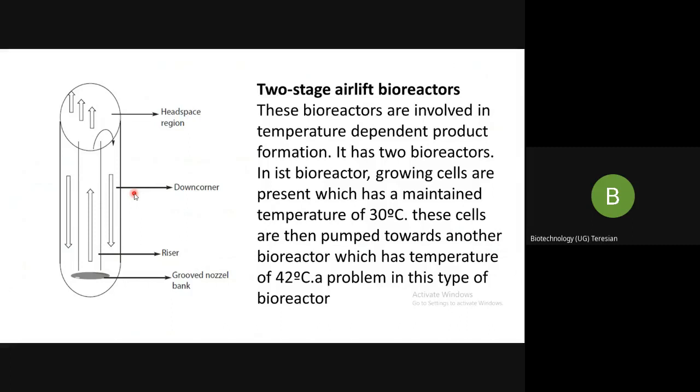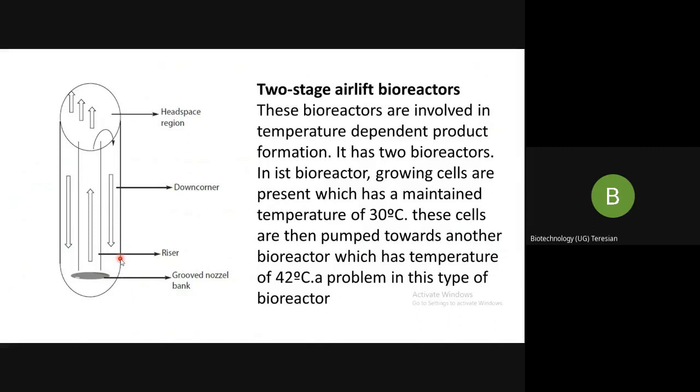Your airlift bioreactors are used for aerobic bioprocessing technology, where they provide controlled liquid flow in a recycle system by pumping. The performance of the airlift bioreactor is dependent on the pumping, that is the injection of the gas, and the liquid circulation.